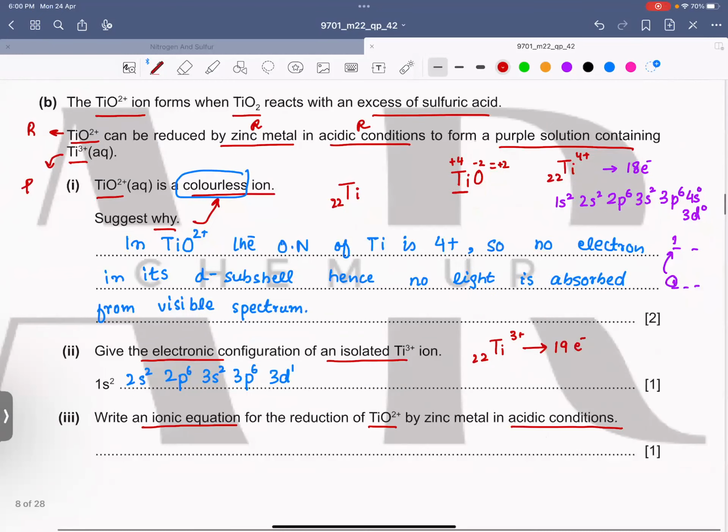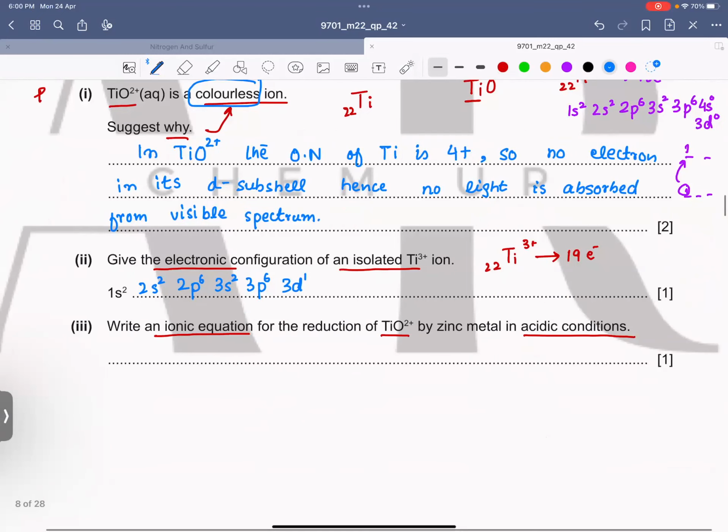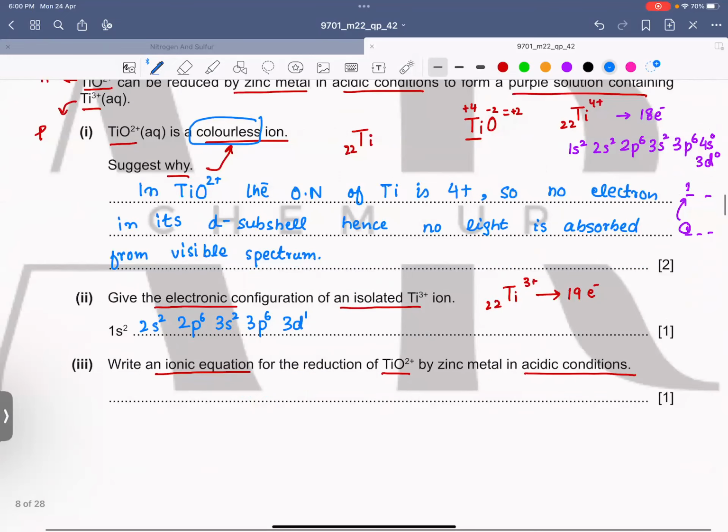So I can write the equation over here that TiO2 positive is reacting with zinc metal in an acidic medium, forming the product Ti3 positive.